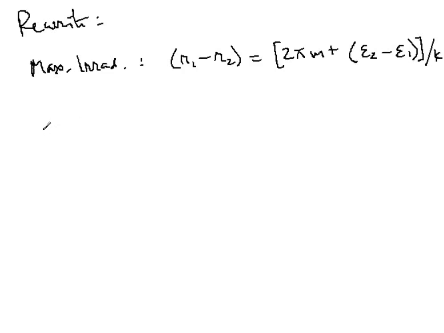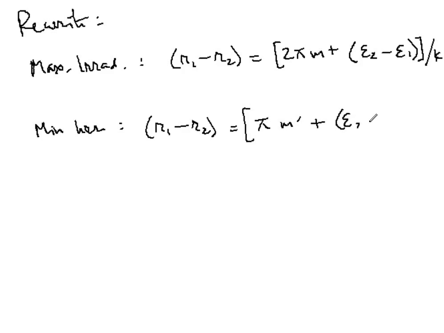And similarly, the minimum condition, I can write as R1 minus R2 is equal to pi m prime plus epsilon 2 minus epsilon 1, divided by k. Right?